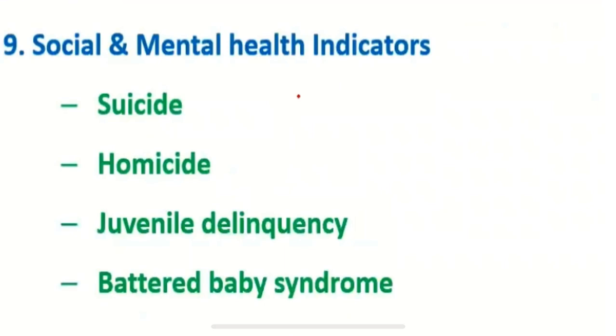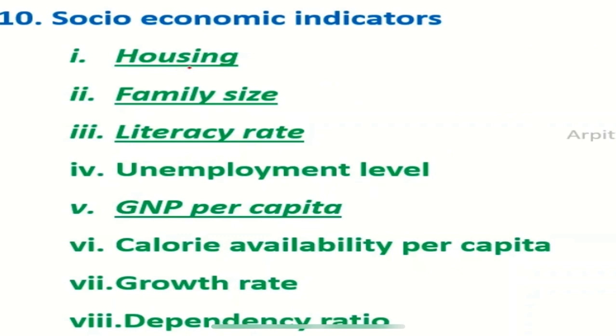And we also have family violence, like battered wife syndrome, or the neglected, abandoned youth in the neighborhood. These indicators will also guide us to the social action which is required for improving the health of the people.